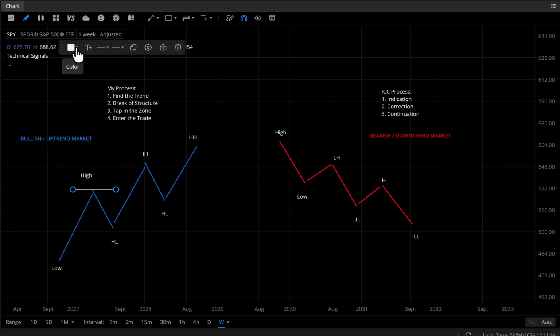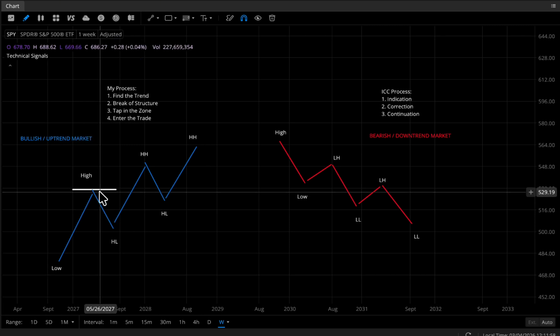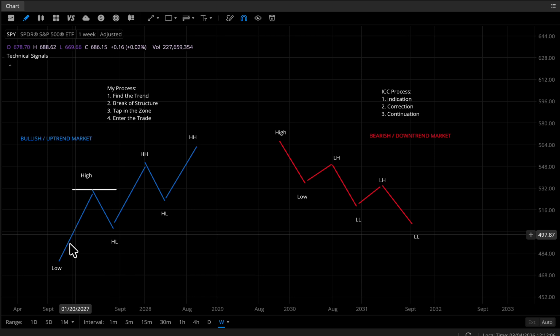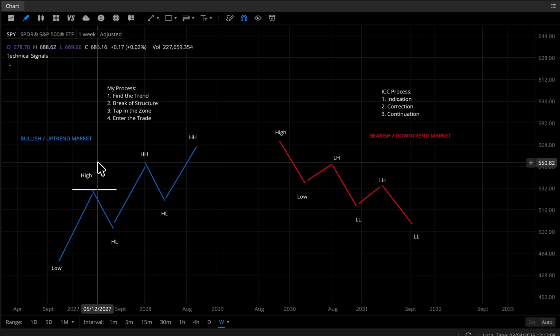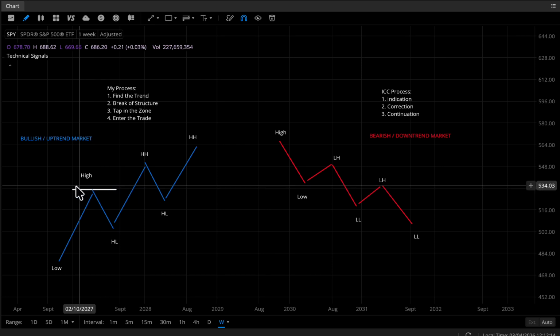We want to identify it. I'm going to keep it white. So when I identify it, now we have to wait for our break of structure. What that means is we need price to show us that it wants to continue going higher. In order for us to know that buyers are still in control, we need price to break this previous high.